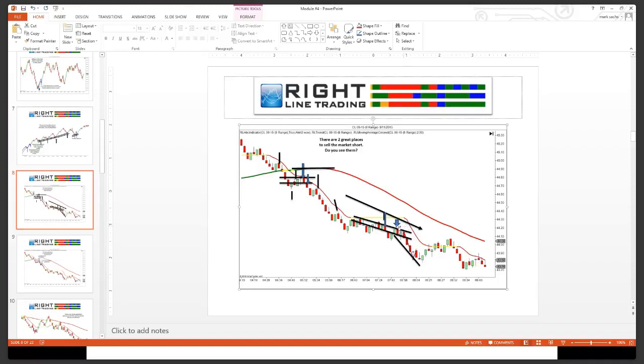Now, like I said, you know the bears are in control, and you know the trend is short. That's what makes this trade a lot less risky. If this was a counter-trend channel, this would be a much, much riskier trade. All counter-trend channels are tougher trades. So we're just making an assessment of risk and creating the ability to see the trade.